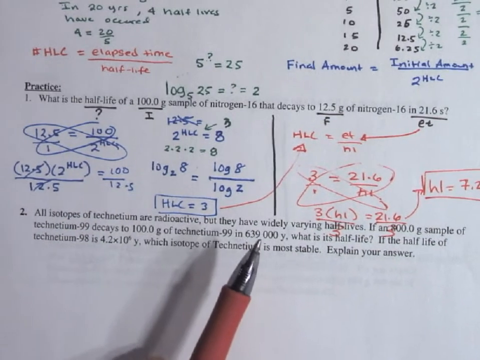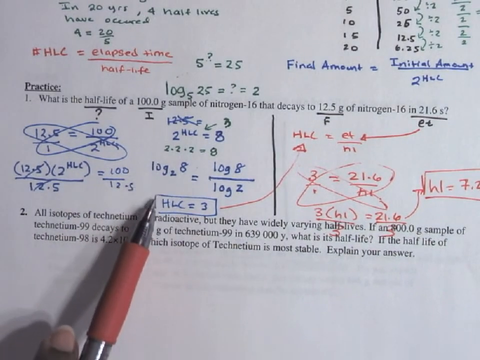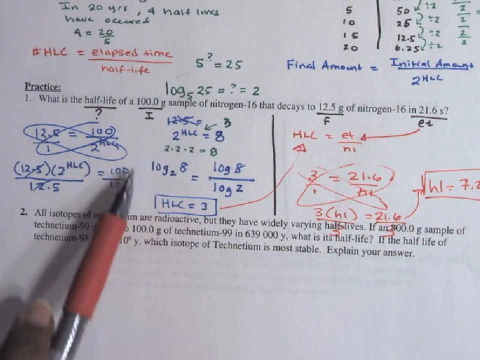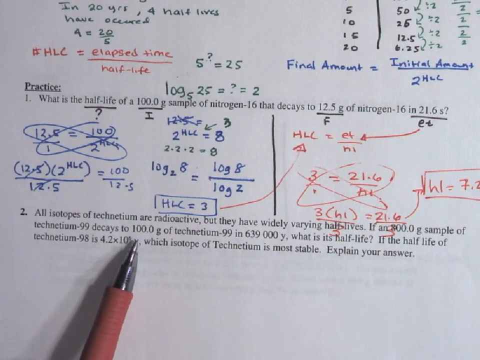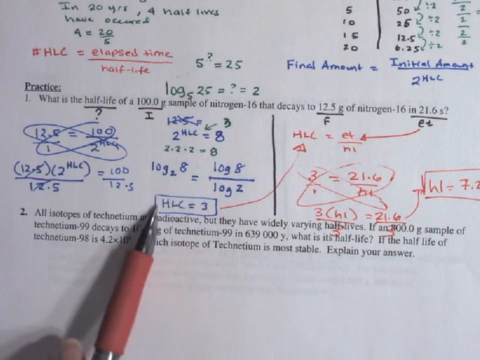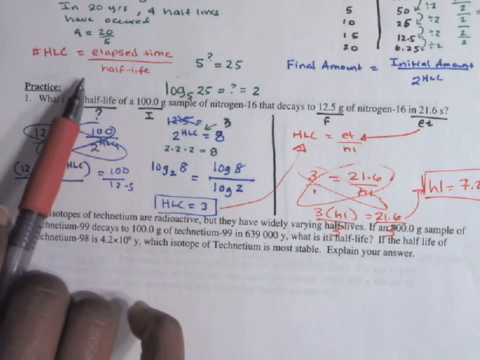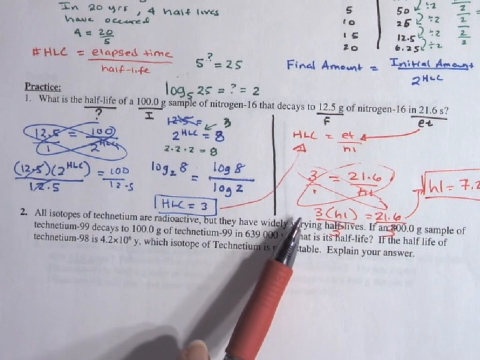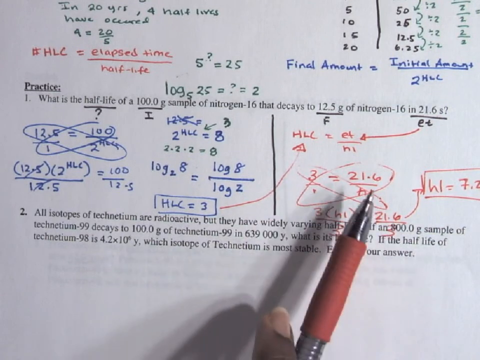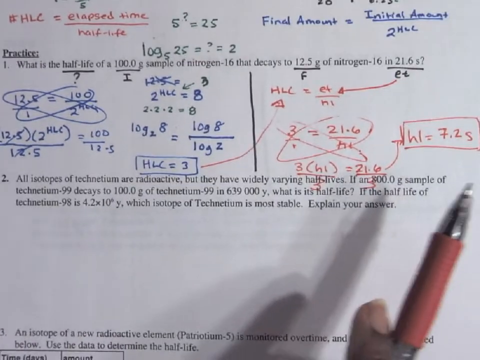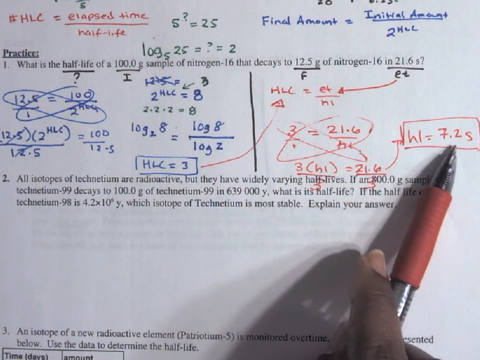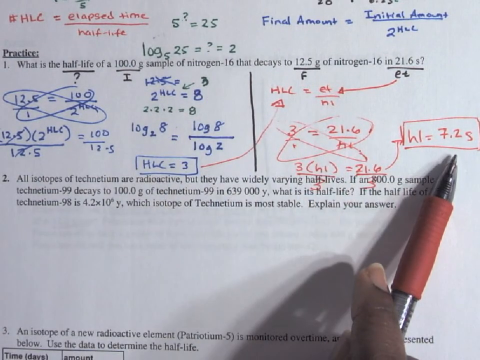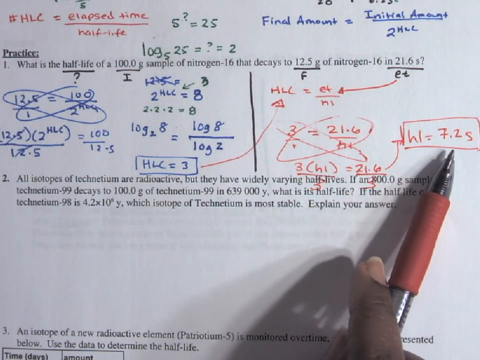Now in solving this, we had to use logs, or you can solve for it using mental math. After I had the number of half-life cycles, I then go to equation A and plug in my information. I solve and I get the half-life to be 7.2 seconds. That means nitrogen 16 decays by half every 7.2 seconds.